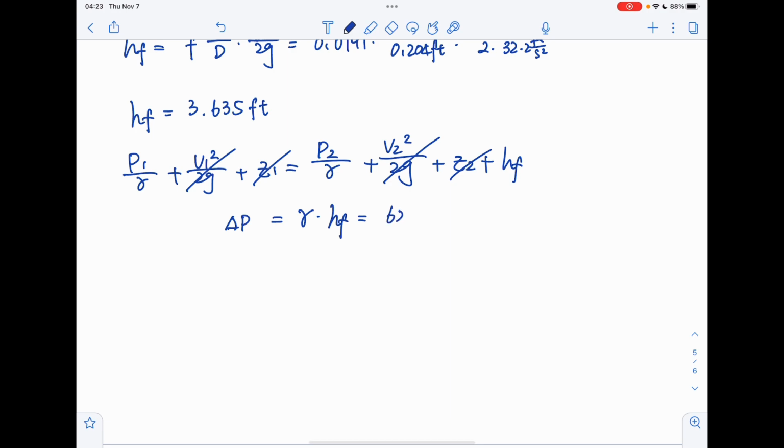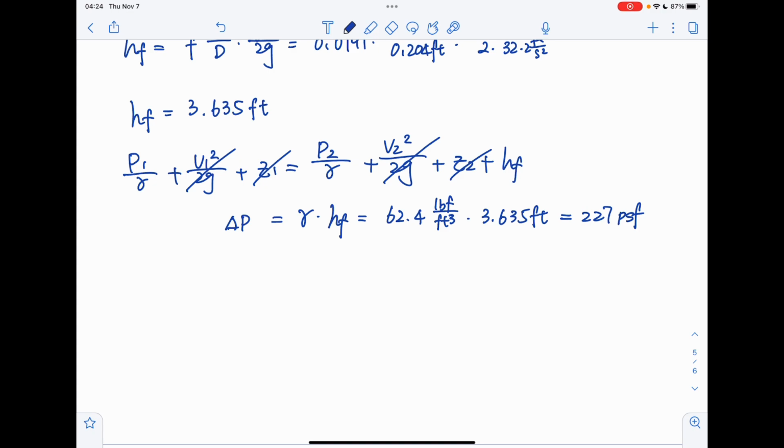Our gamma is 62.4 pounds-force per cubic foot, times the head loss, 3.635 feet. So the pressure difference equals 227 psf.